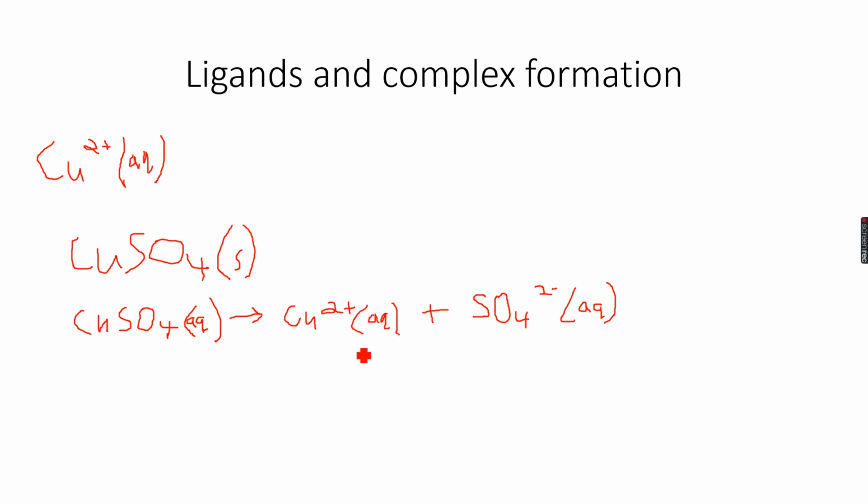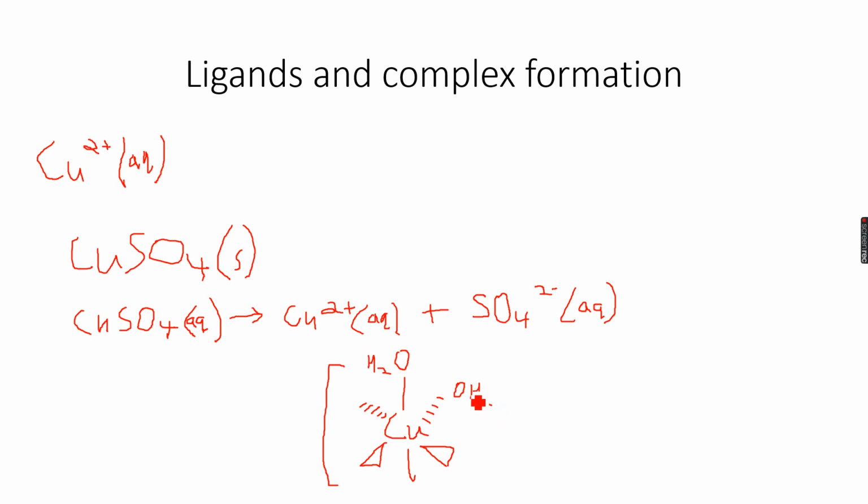When we look at Cu2+ aqueous, this is basically nothing but a complex ion, which looks like this: the Cu central metal ion, with H2O around it, written OH2.